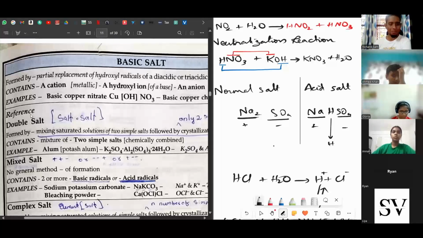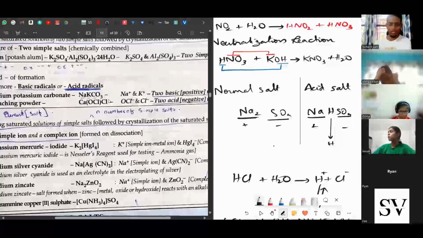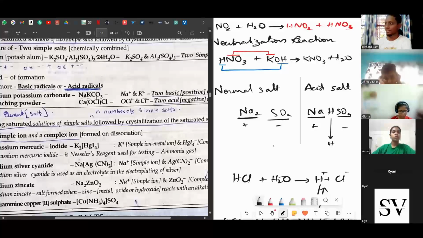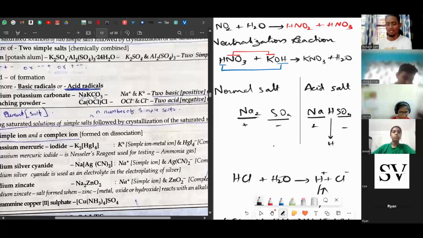All right. Then mixed salt. Mixed salt is again not very important at all, but it will have two positive radicals and one negative radical, or one positive radical and two negative radicals. So look at this, NaKCO3. Na is a positive radical, K is a positive radical, both are metals, and CO3 is a negative radical.